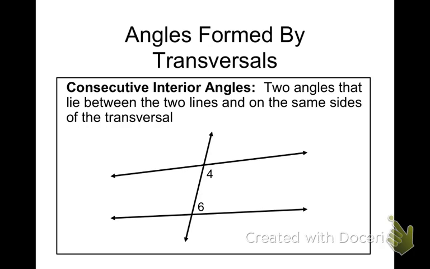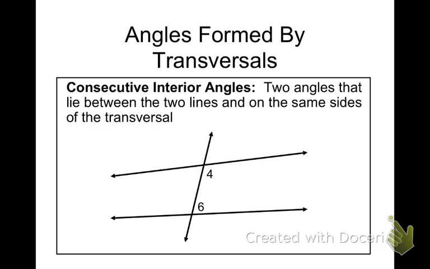So consecutive interior are 2 angles that lie between the 2 lines and on the same side of the transversal.